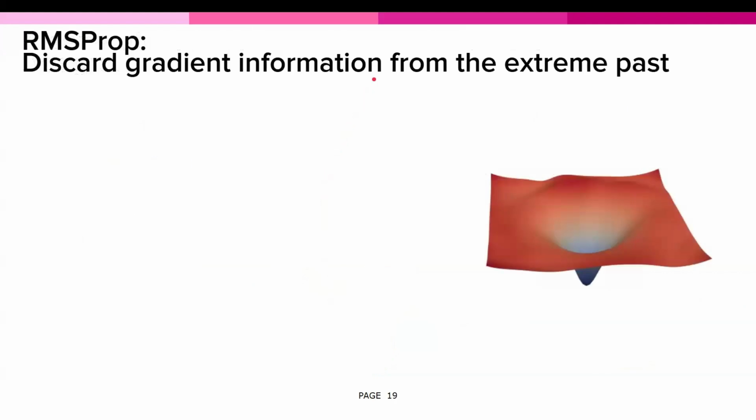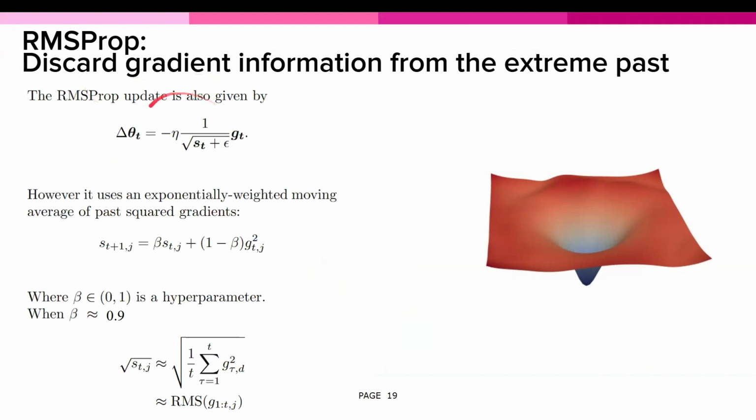RMSprop is an optimizer that modifies AdaGrad to perform better in non-convex settings like those encountered in training deep neural networks. The high-level update equation of RMSprop has the same structure as AdaGrad, but in RMSprop, the denominator s_t is calculated as an exponentially weighted moving average of past squared gradients, where the memory is controlled by this parameter beta.